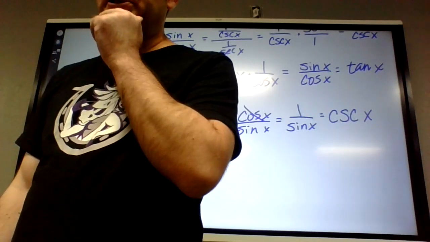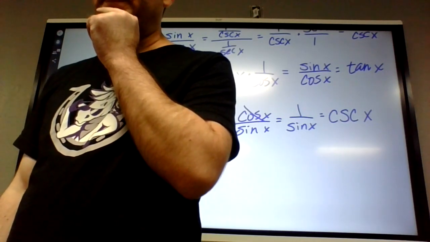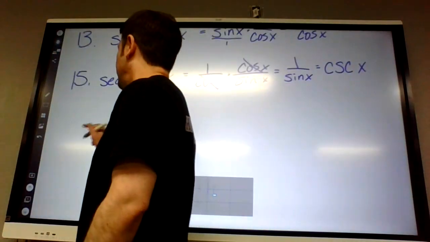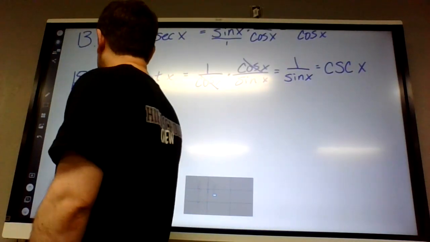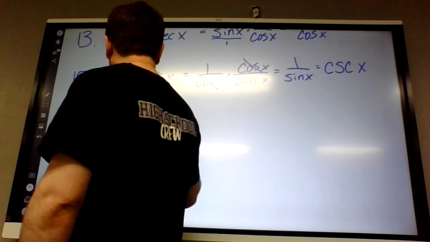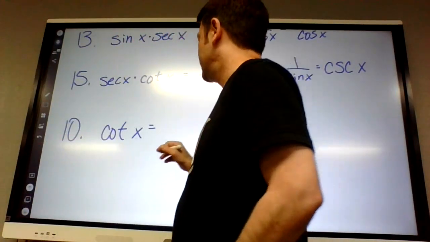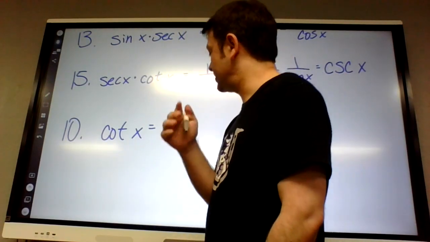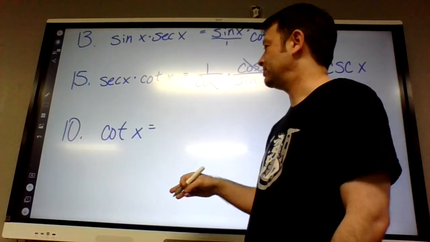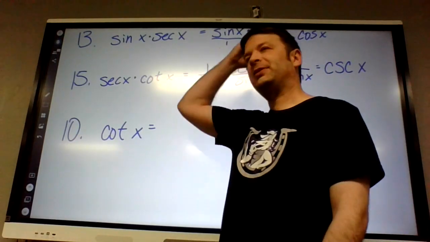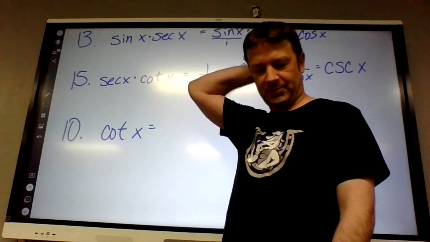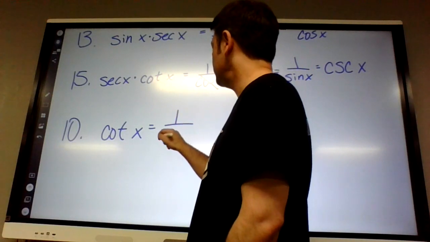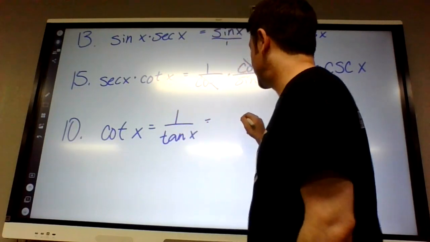Oh, number 10, we kind of already defined it. Let me help you guys with number 10. That's kind of a weird one. I started off by saying that one of the rules is that cotangent equals cosine over sine. I guess we weren't supposed to know that yet when we did number 10. So what's something else that cotangent is equal to besides cosine over sine? 1 over tan? And what's tangent equal to?